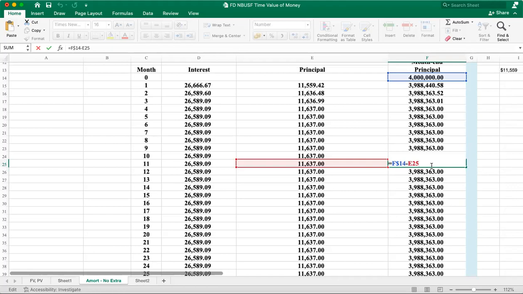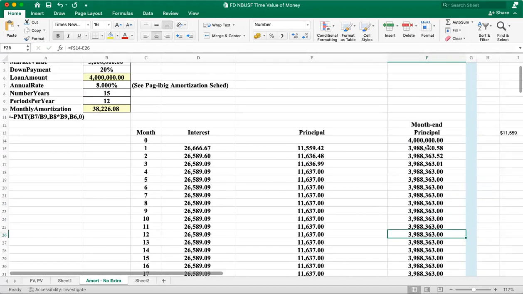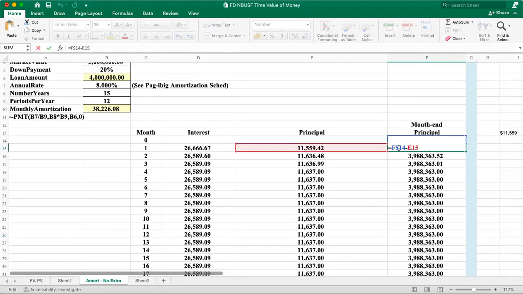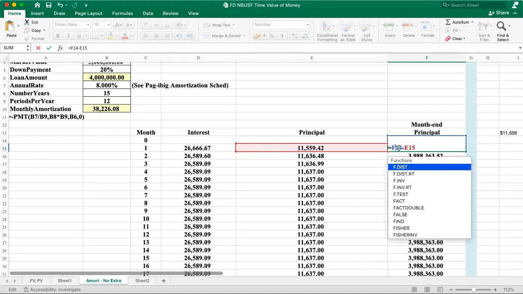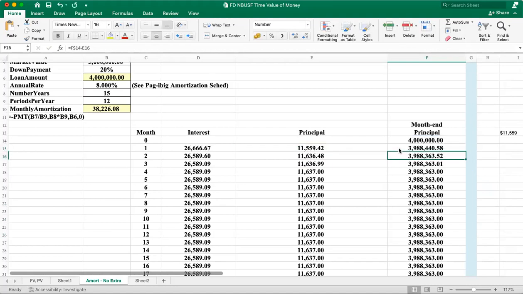F14. Ay, mali. Sorry, mali. Punta ka ulit sa unang principal month end yan. Okay, dapat walang dollar yan. Kasi dapat bababa din yan eh. Okay. Yan, tama na yan.